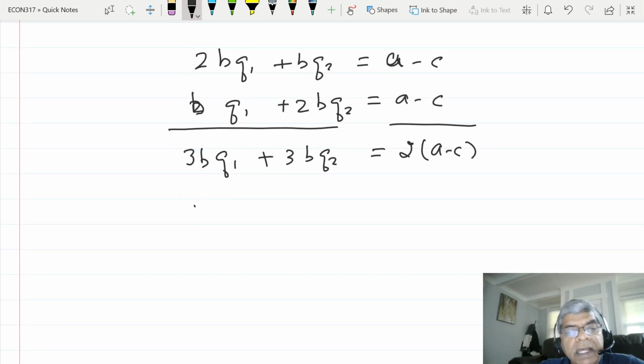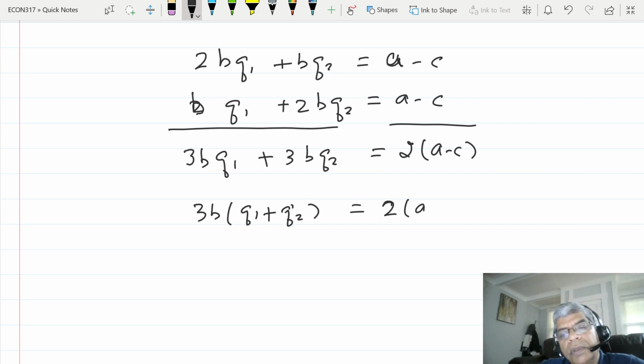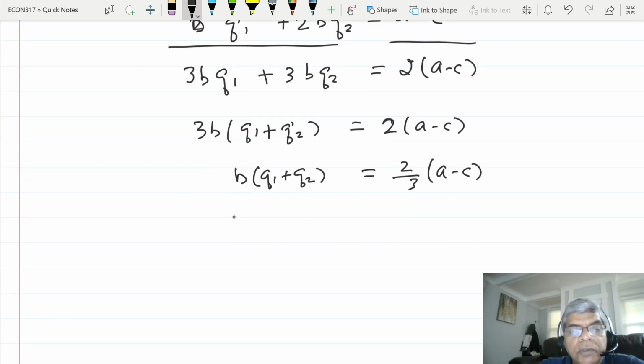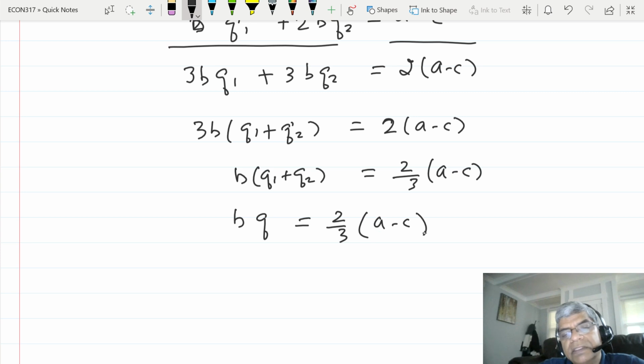We could write it as 3B(Q1 plus Q2) is 2(A minus C), or we can write it as B(Q1 plus Q2) equal to 2/3 (A minus C). The term on the left hand side is BQ equal to 2/3 (A minus C).